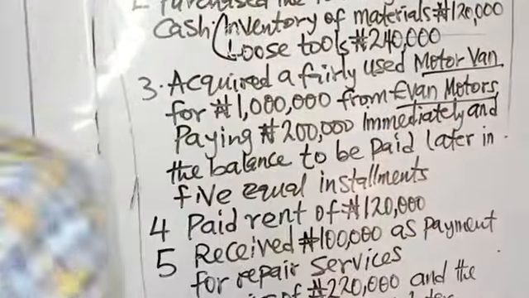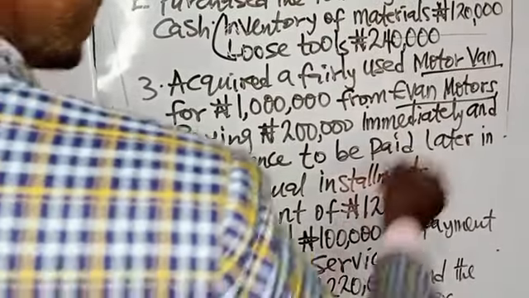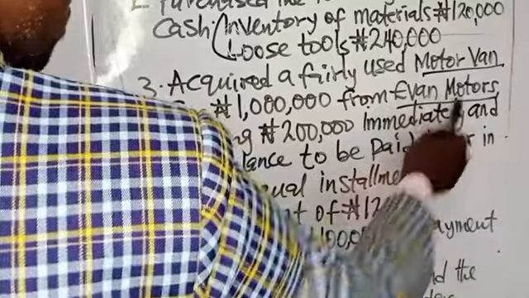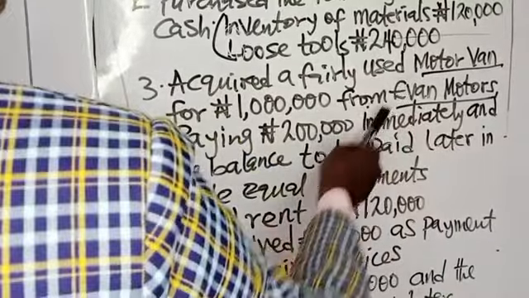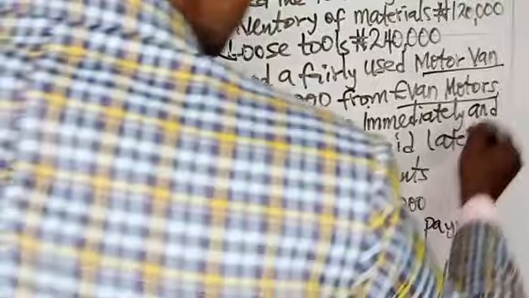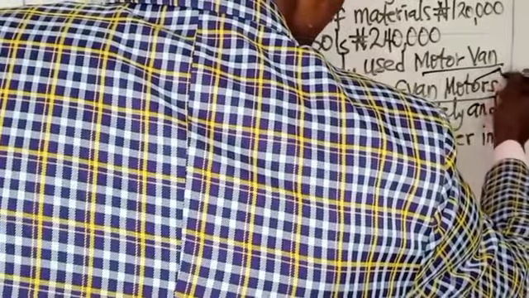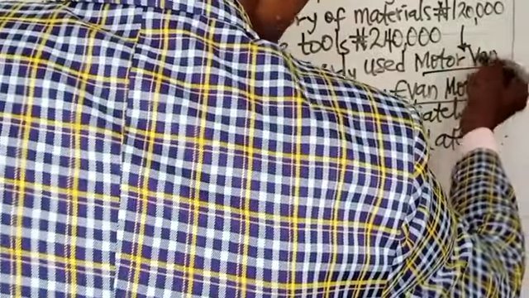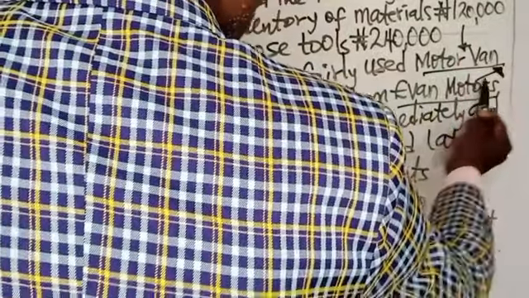Evans Motor is the giver. So the two accounts affected are the motor van account and Evans Motor. The seller is Evans Motor. Remember, in line with the principle of double entry, we credit the giver. So you are going to credit Evans Motor. It is going out of this, then it is coming into motor van. So Evans Motor, the giver, you credit, and you debit the motor van.